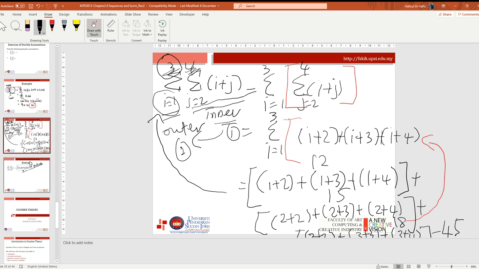Okay, this one is another example. We have the sum i equal to 1, j equal to 2, i plus j. And then we solve the inner first. Sum i plus j: i plus 2, i plus 3, because it starts from 2. So j plus 2, j plus 3, j plus 4.